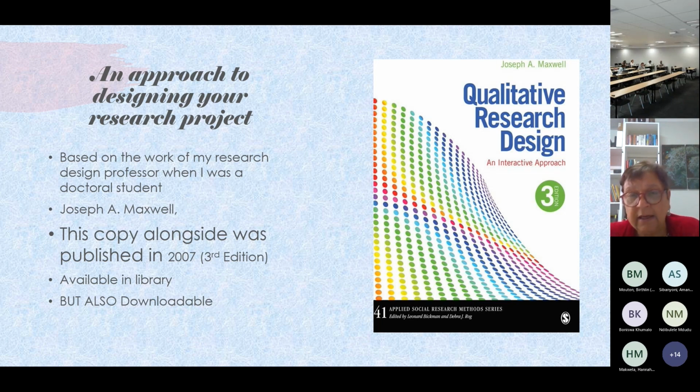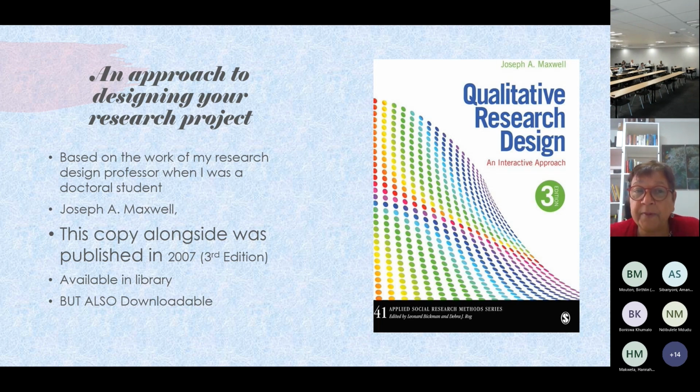He did an introductory course to us on both qualitative and quantitative research design, but focusing mainly on qualitative research design. And I found that when I was supervising students or teaching about research, the schematic that he introduced was always the easiest to use. I could sit in a restaurant with a student, and on the napkin I could draw the schematic and say, this is what you need to focus on.